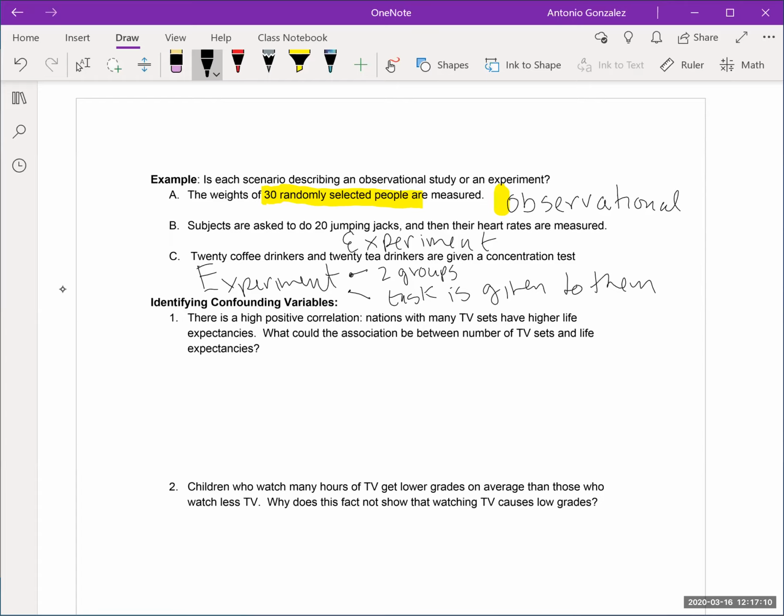If you're asking people to do something and then you record data, that makes it an experiment. Whereas if you just go out and start measuring and you exert no control over the question being asked or the data being gathered, then that would be just an observational study.